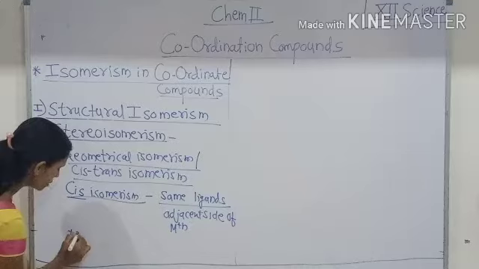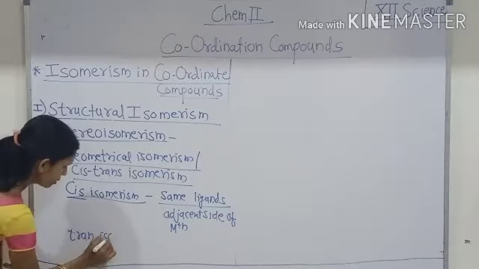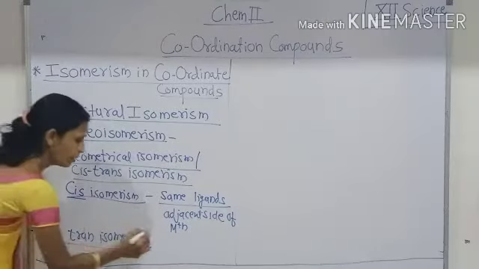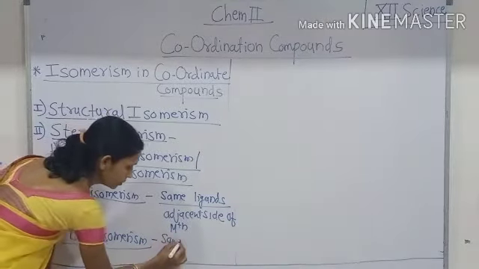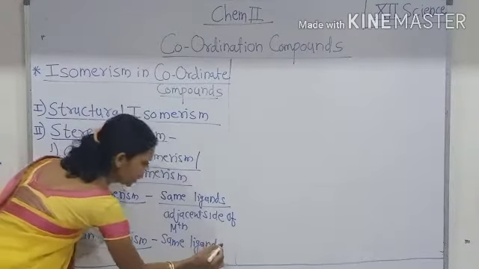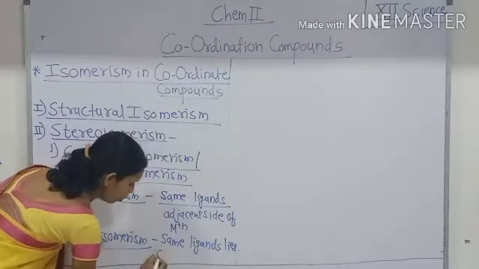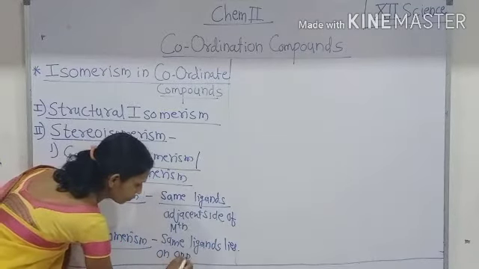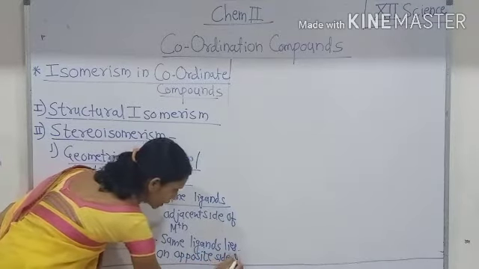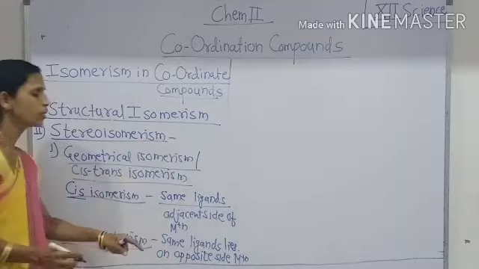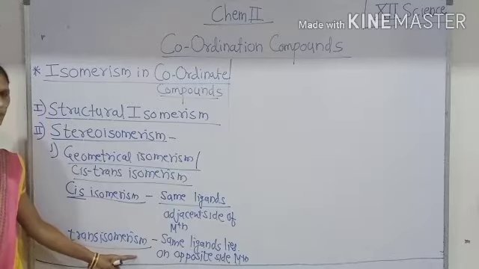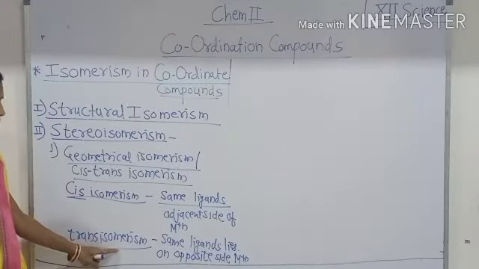And what is trans isomerism? Trans isomerism is when the same ligands in the coordinate compound lie on the opposite side of the central metal ion, then it is trans isomerism or trans isomers.